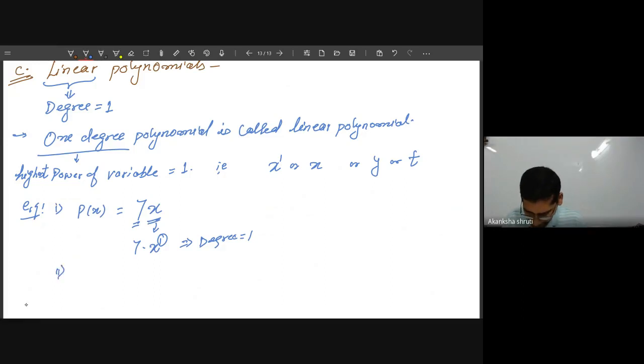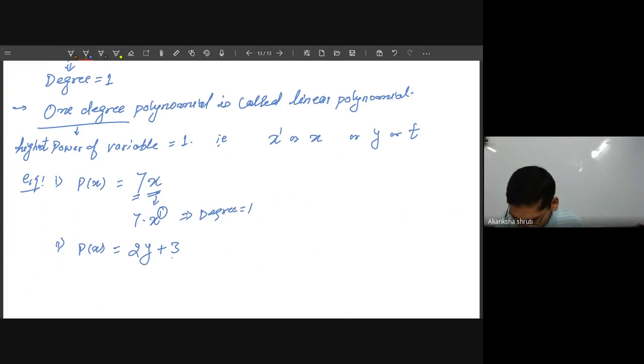Even if I am writing p(x) equals 2y plus 3, what are we getting? This 3 is constant, this 2 is coefficient, but what is the power? So what is the variable here? Here the variable is y only.